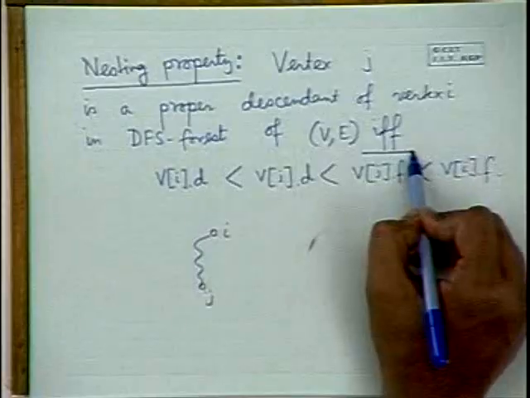So given a DFS forest and I give you two nodes j and i and ask which one is a descendant of which one, you can just check the d and f field and verify this, then immediately you can say whether j is a descendant of i. Because if this is not valid, then j cannot be a descendant of i, because this is an if and only if condition.